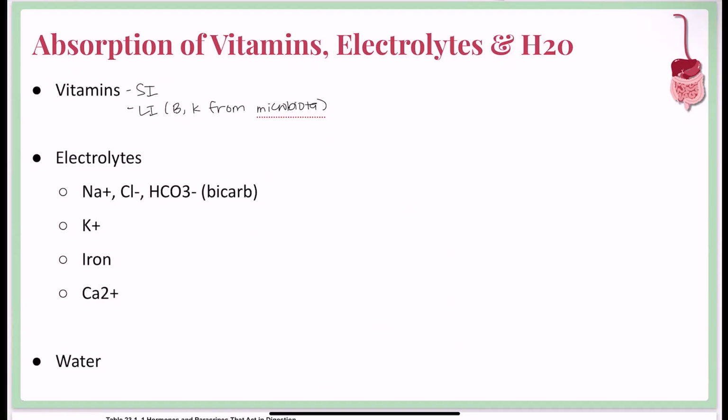If those vitamins are water soluble, like B vitamins and C vitamins, there are some specific transports.